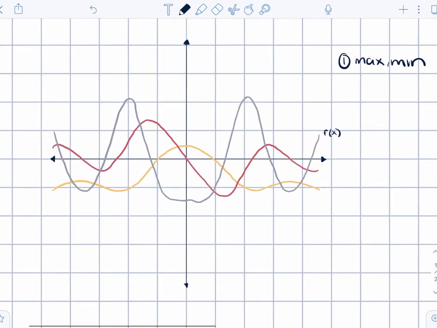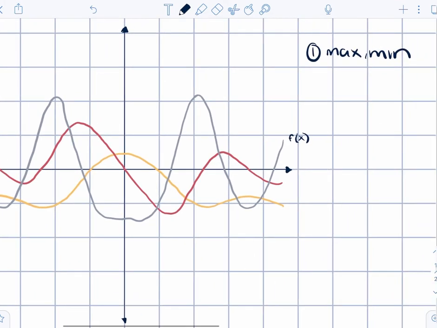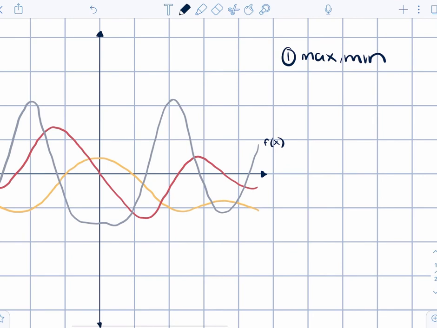So we're just going to pretend it's f of x, and then if we know about the relationships of f of x, the derivative, and the second derivative, wherever there's a max or a min on the original function, the derivative crosses the x-axis.